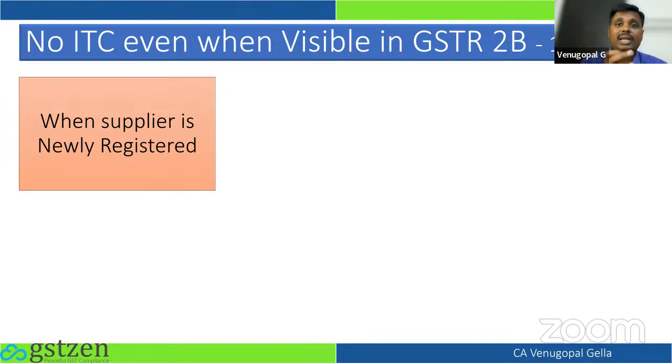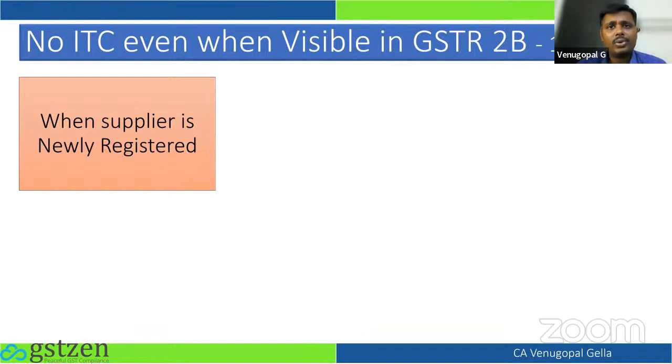Or the input tax credit will be shown as restricted till he files the GSTR 3B. It could be anything they may bring in. Currently in your GSTR 2B, it shows eligible, ineligible, whether that credit is available or not available. So these kinds of additional reporting restrictions could come in your GSTR 2B. This is one thing you should be aware of.